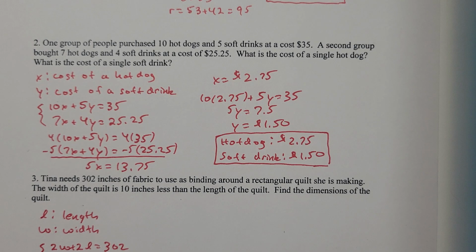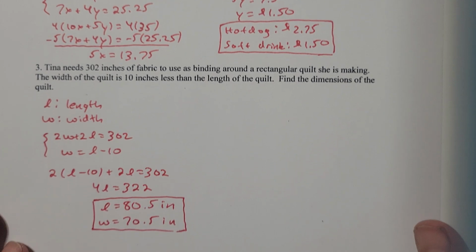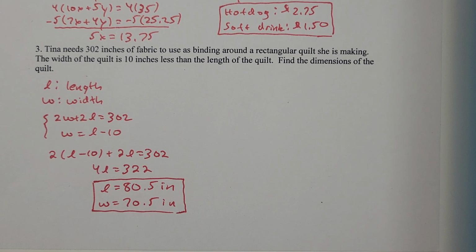Okay, all right, so let's try problem 3. It says Tina needs 302 inches of fabric to use as binding around a rectangular quilt that she's making. The width of the quilt is 10 inches less than the length of the quilt. Find the dimensions of the quilt.